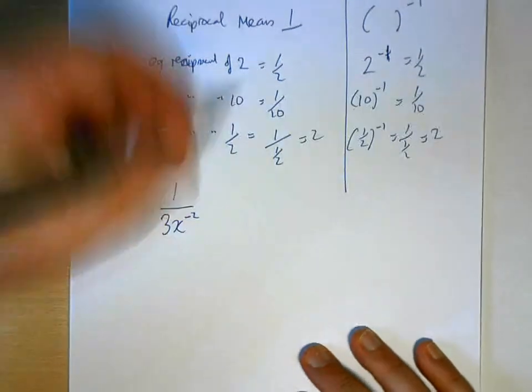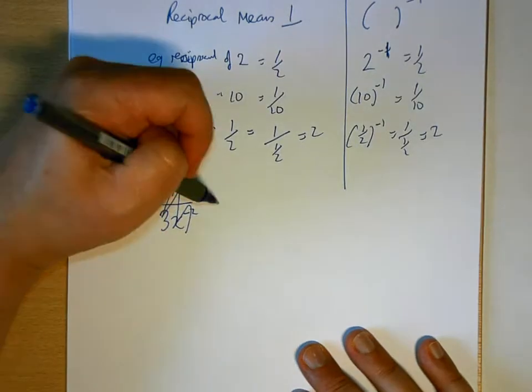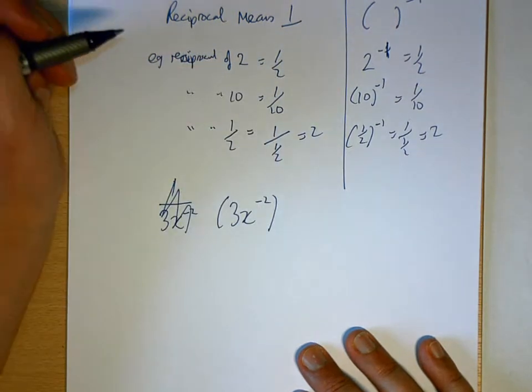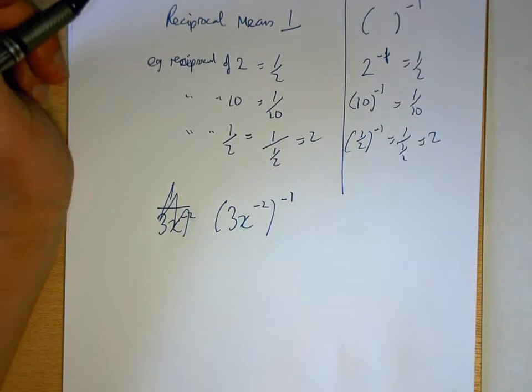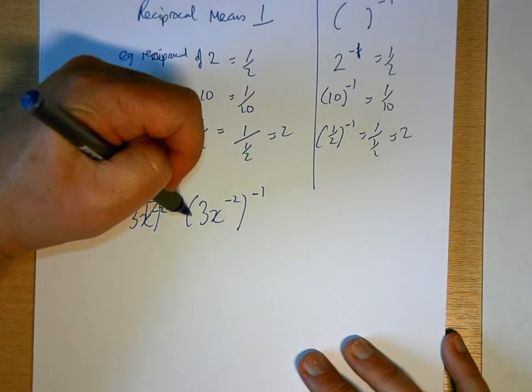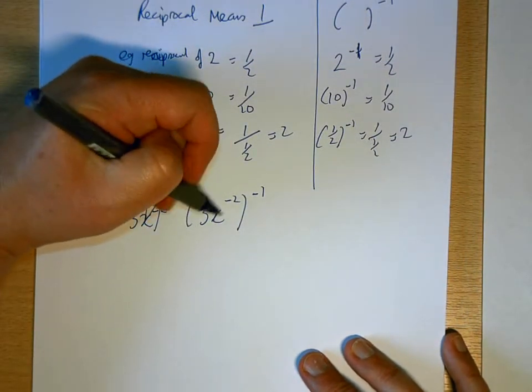So if we think of this like that, then what we're going to have is 3x to the minus 2 to the minus 1. Remember, when we're raising a power to another power, we're going to multiply.